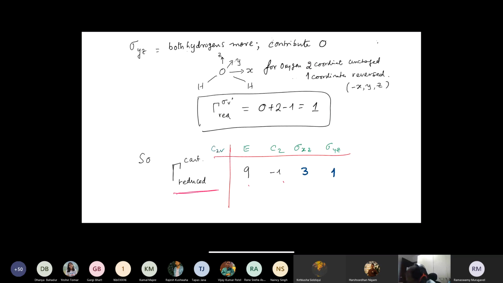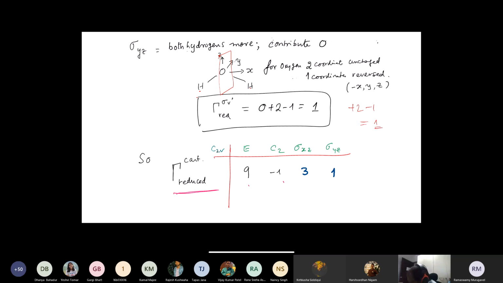The other plane is the YZ plane, which is perpendicular. So the HA and HB move their positions, so they don't contribute. For the oxygen, the Y and Z are plus and X becomes -X. So +2 -1, that is equal to +1.